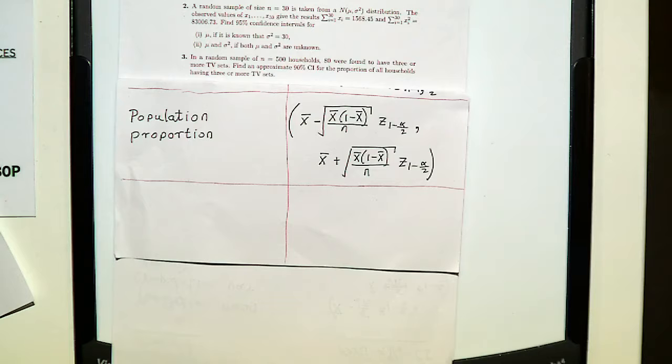To find the confidence interval, we can't have it in terms of P, because P is unknown. So we're approximating P by X bar, the sample proportion. For this approximation, we need to use n, the sample size. In this question, n is pretty large, it's 500, so you can also approximate the products.